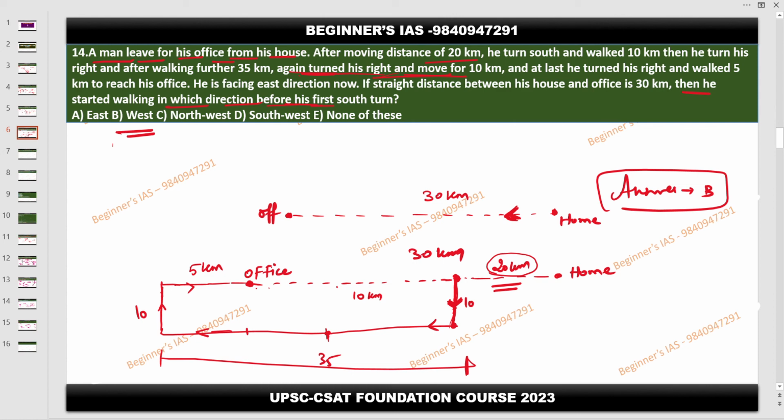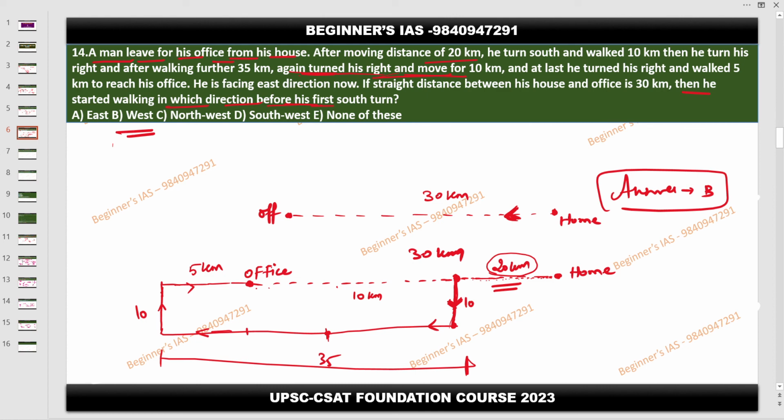Then this 20 should be left side, na? What left side? This home should be left side, na? And he started from east direction. Then 10 kilometers is right. He has started from his home towards the west direction, then only this diagram is applicable.